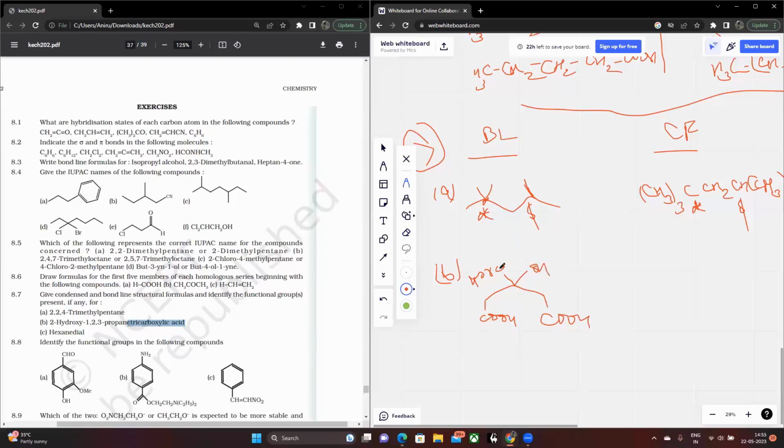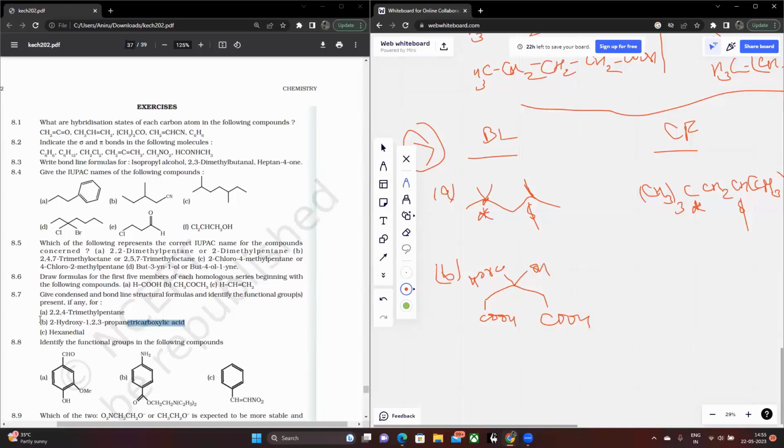But you can see that I have explicitly mentioned Cs, which should not be there in a bond line formula. This is not actually a bond line formula. This is a rough structure of what this compound is: 1,2,3-propane tricarboxylic acid and a 2-hydroxy.